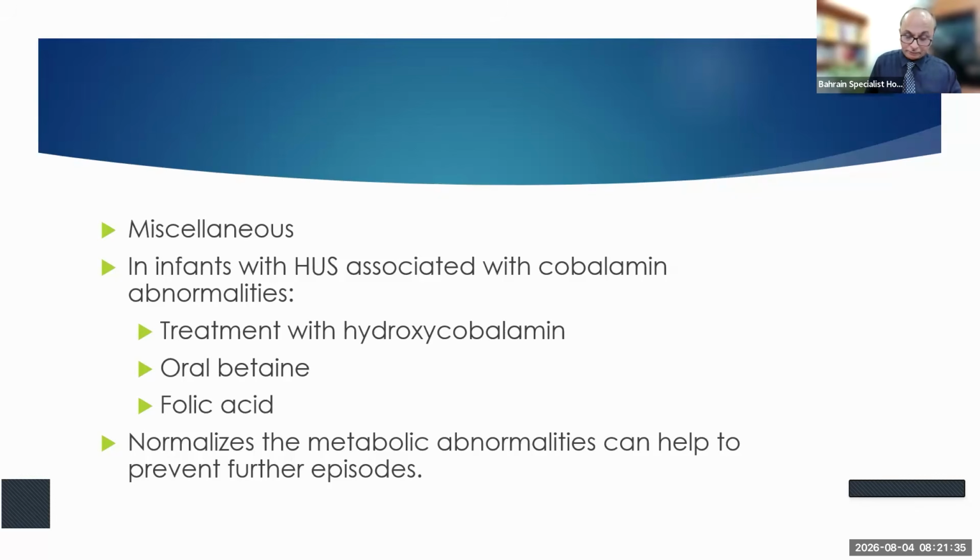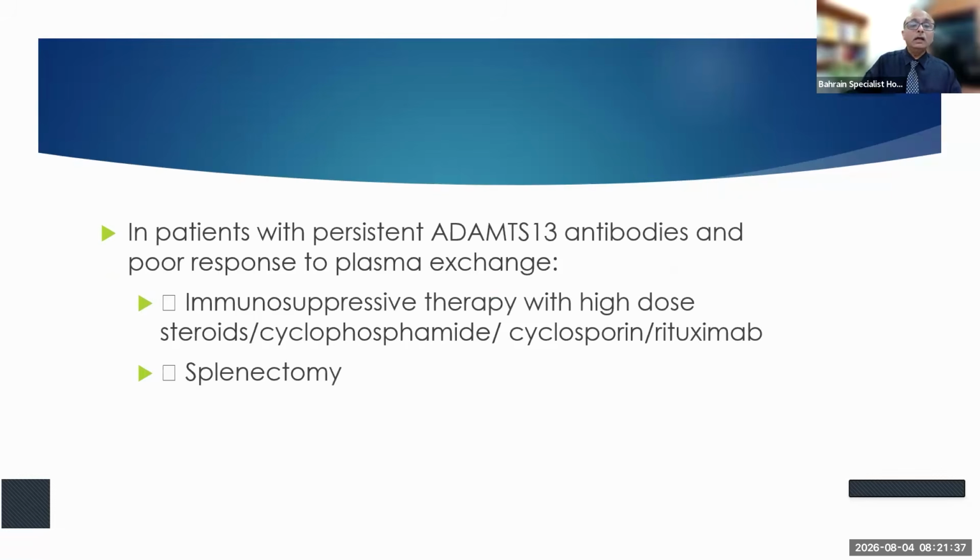In patients with persistent ADAMTS13 antibodies and poor response to plasma exchange, immunosuppressive therapy with high-dose steroids, cyclophosphamide, cyclosporine or rituximab can be used. Splenectomy can be done where there is a low platelet count, especially in HUS.